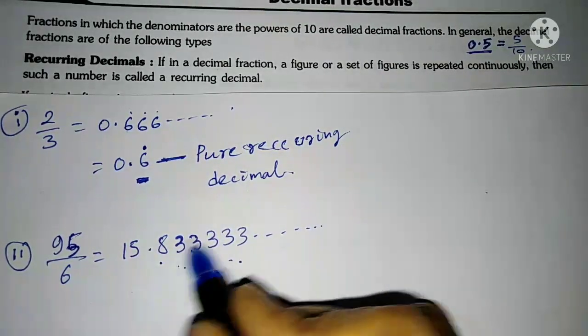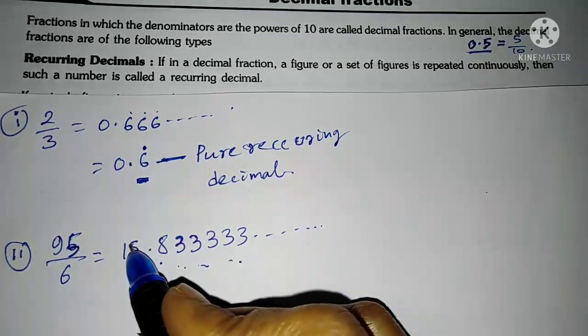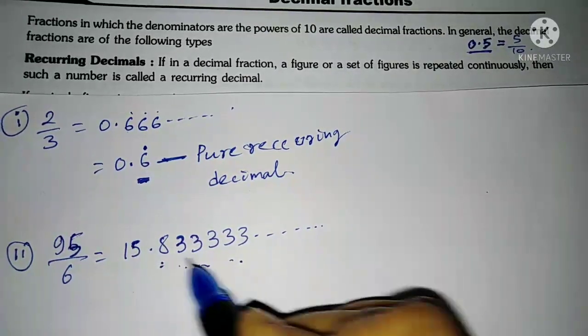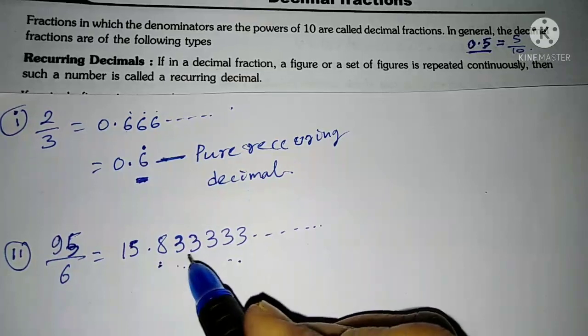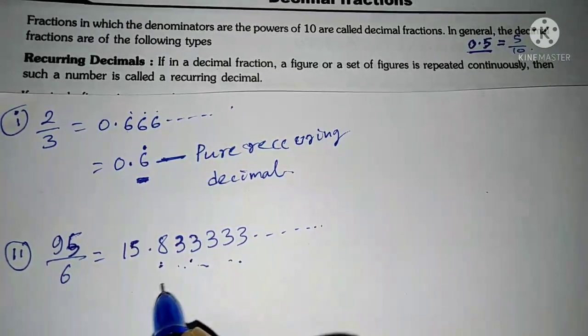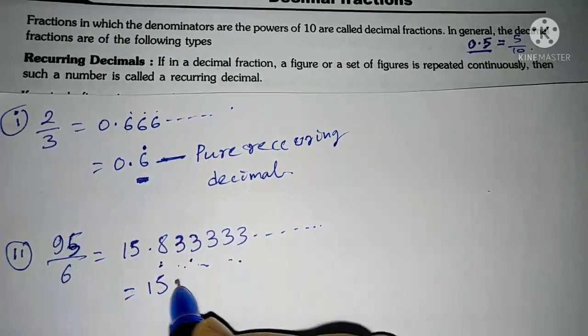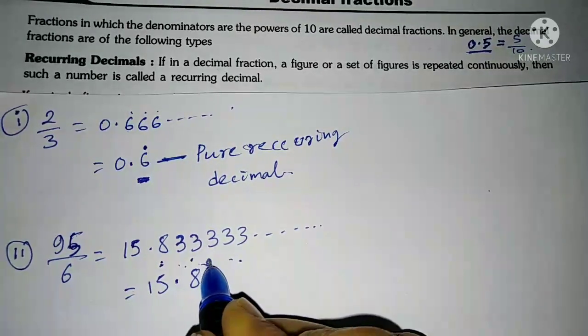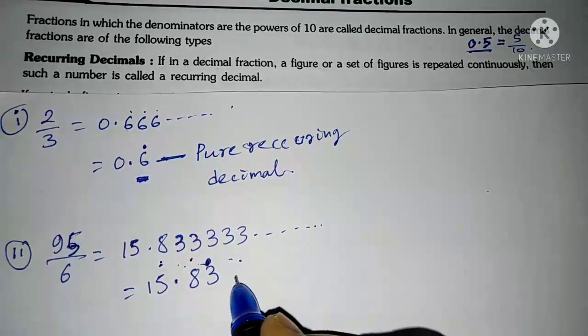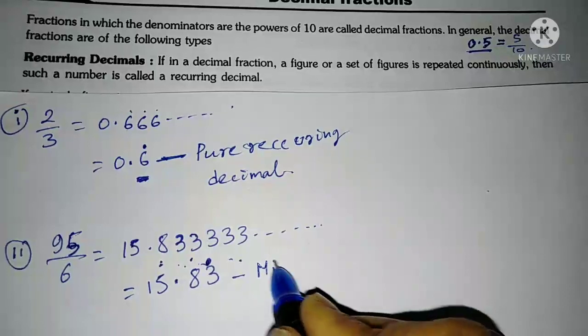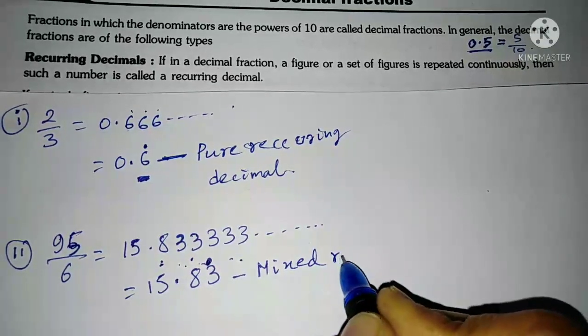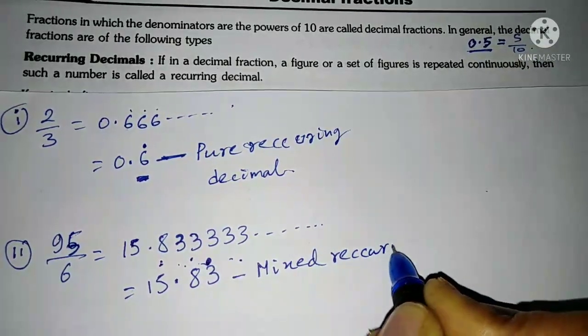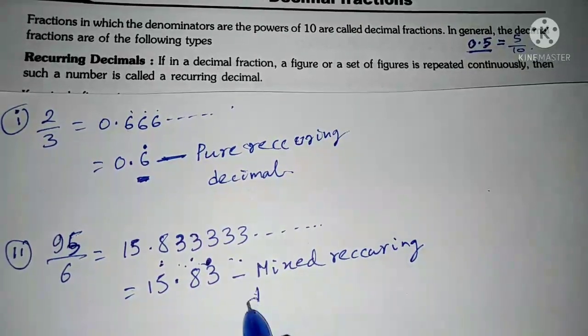So here both types of numbers are there, 8 and 3, where 8 is non-repeating, 3 is repeating. So you can write it like this, 15.83 with one dot at the top of the 3. This is known as mixed recurring decimal.